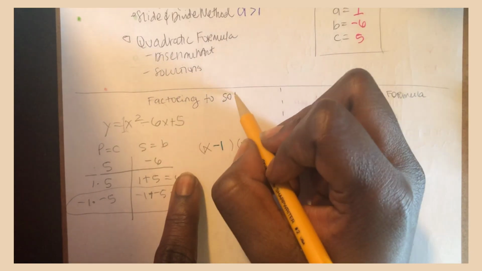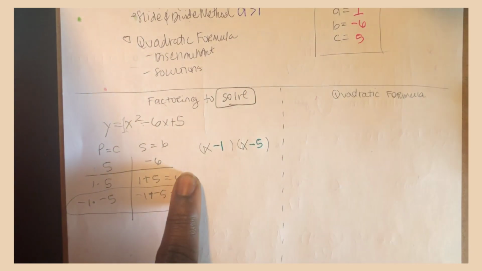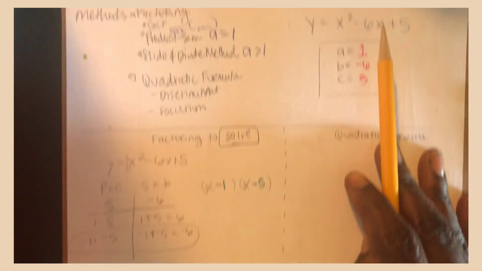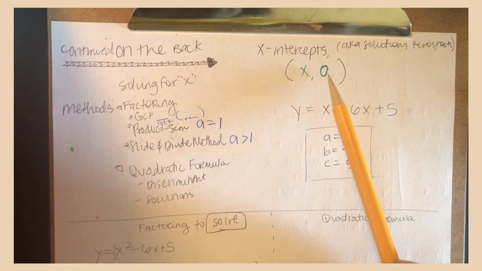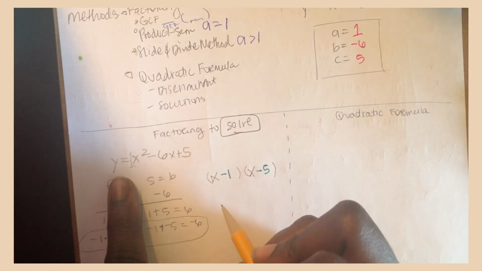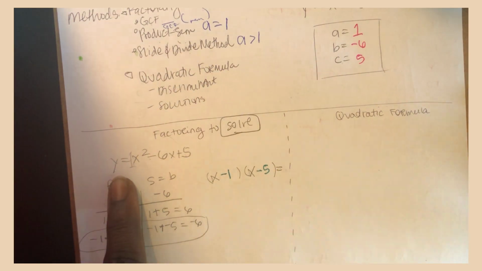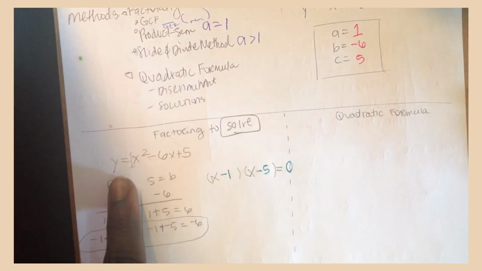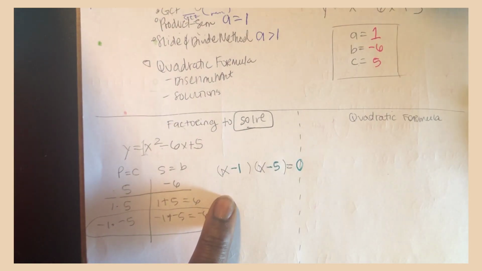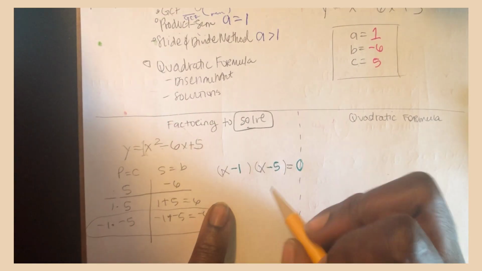But we need to solve for x. So that means, what are my x-intercepts when my y value is 0? So we need to set our equation now equal to 0, okay? We've done this before, and the video will be here if you need to click it in order to go back and see this lesson.